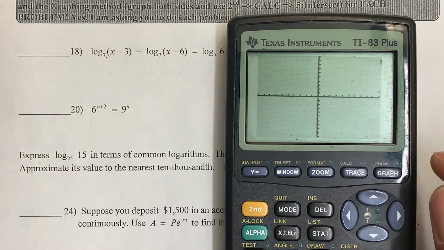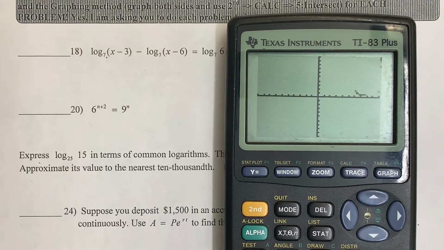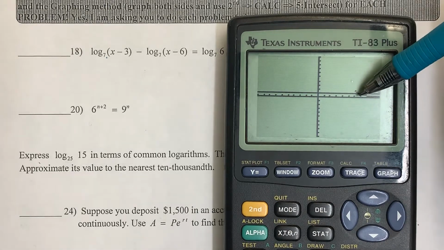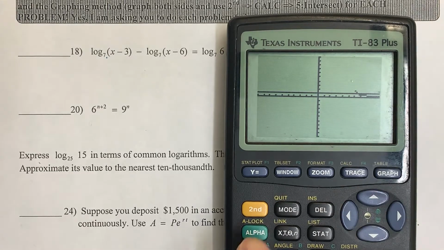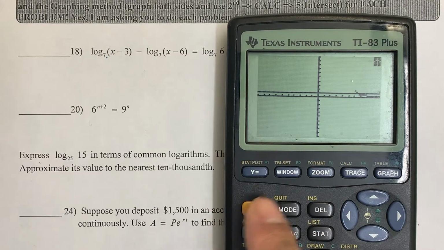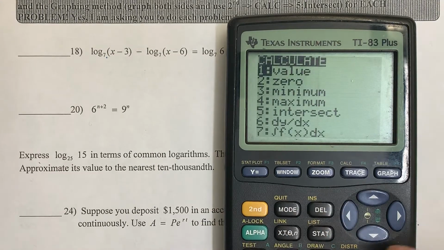So we press graph, and with any luck, they'll cross on screen, which it looks like they do. Give it a second. Right there, we can see it. Okay, so our intersection happens right there. So to find that intersection, second calc and option 5 for intersect.